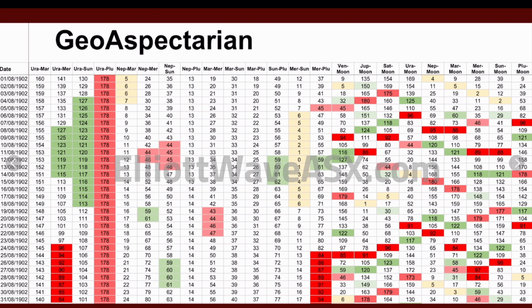And as the moon is fast moving, you can see the colours and important aspects changing every few days.